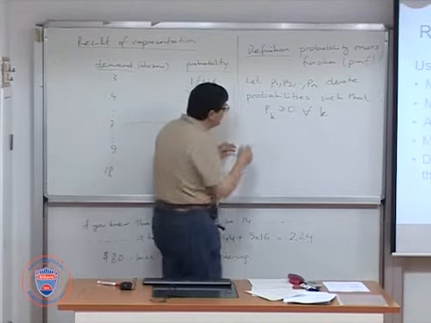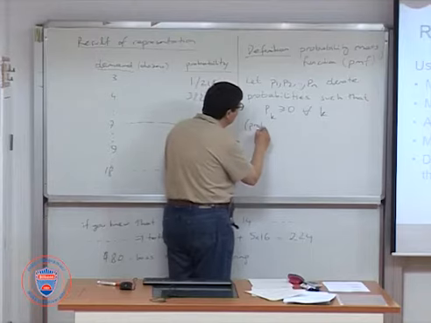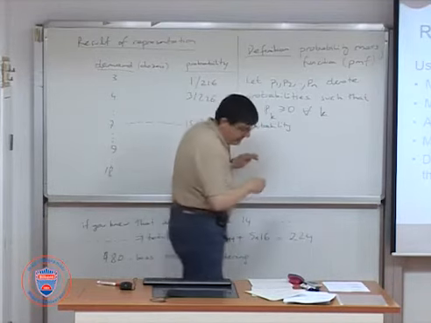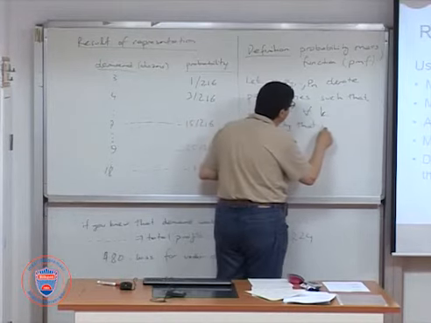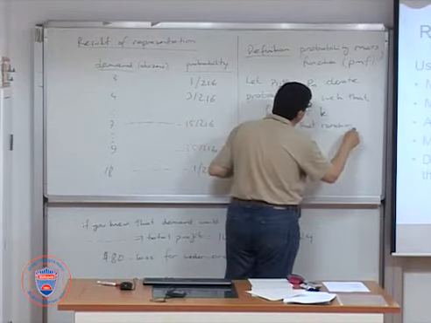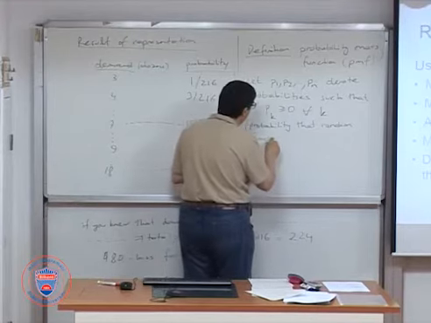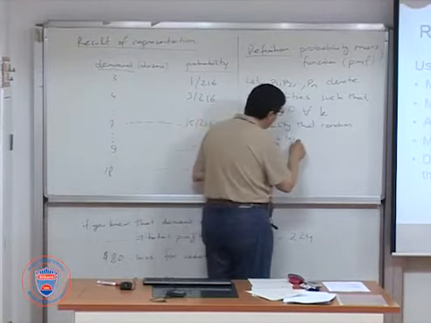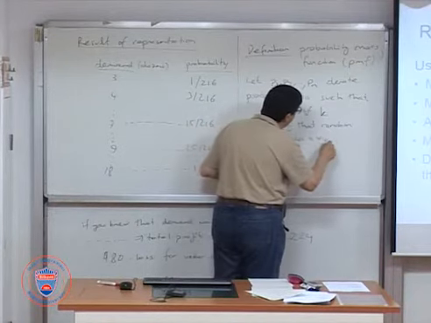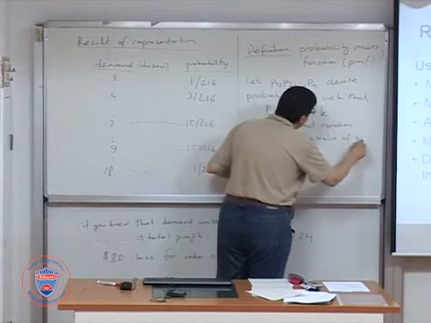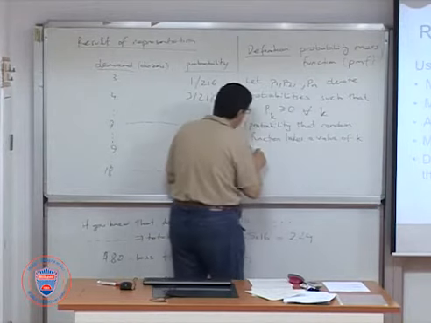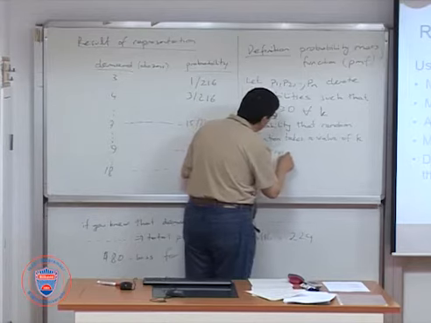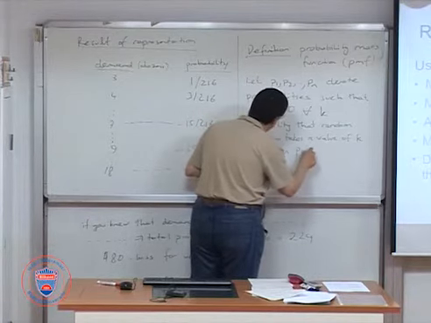And so this is the way that you're going to read this. Probability that the random variable takes a value of k is given by P sub k.